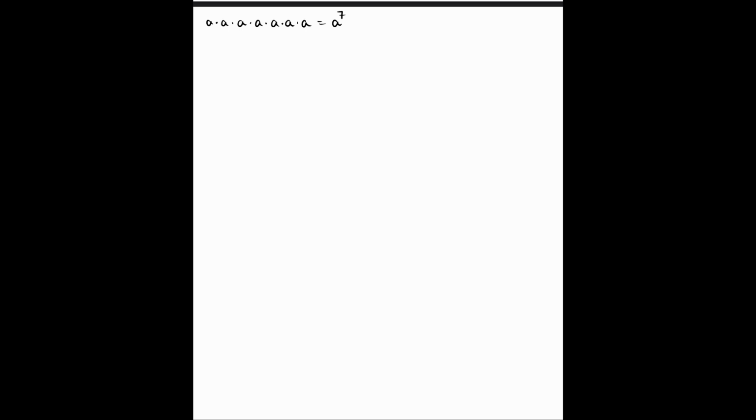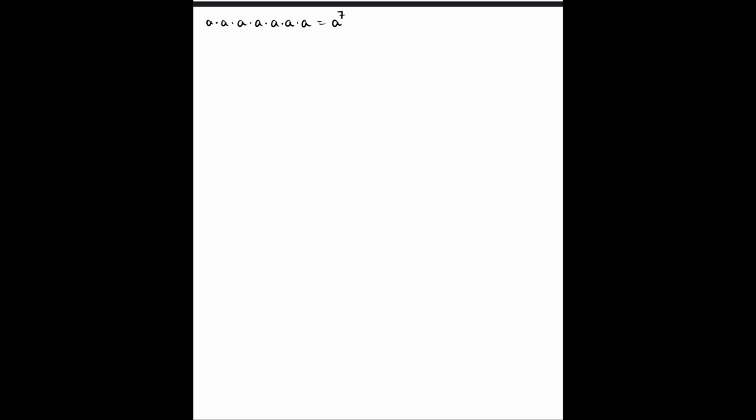Okay, great. So we're starting with this definition of exponents, and now let's just play around with this. So the first thing I want us to do is to just see what happens if we multiply a base raised to a power by the same base raised to another power.